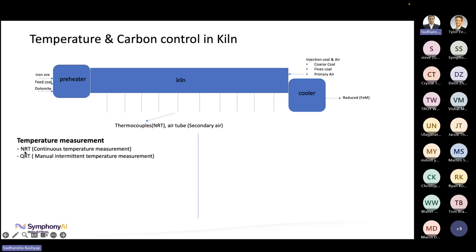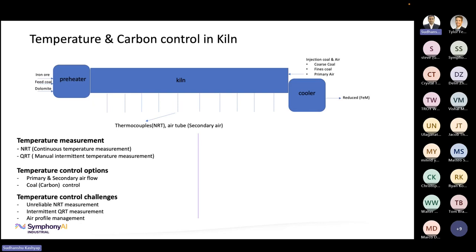The problem we face with temperature control is unreliable NRT measurements, because those sensors, the thermocouples, get coated with ash particles, and once that happens, the measurements are not accurate.